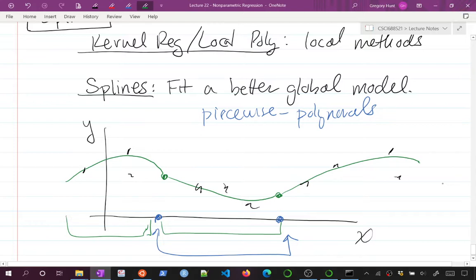Another way of doing that is by piecewise, where the fit of my functional form, which we'll call a spline, which is basically a fancy word for a piecewise polynomial, is locally defined because it's only piecewise between these knots.